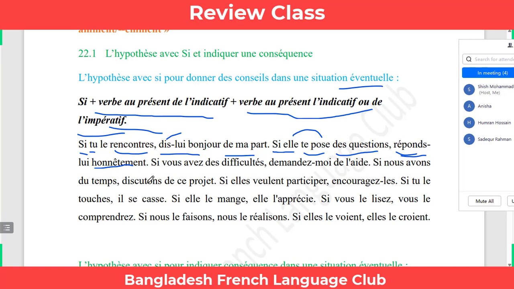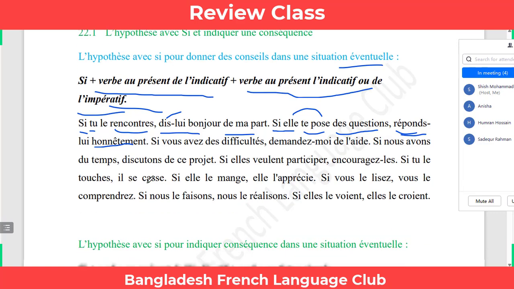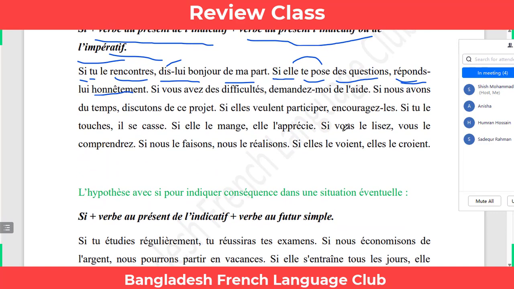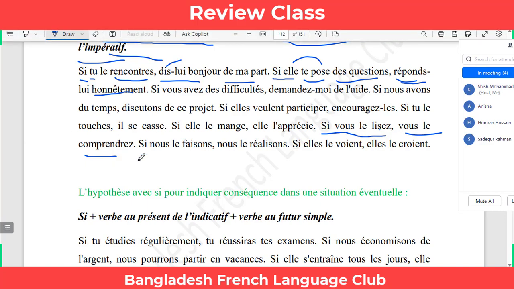Is there any example with the present tense? Yes. Si vous le lisez, if you read it, vous le comprenez, you understand it. Here the next sentence is in the present tense as well, according to the rule.